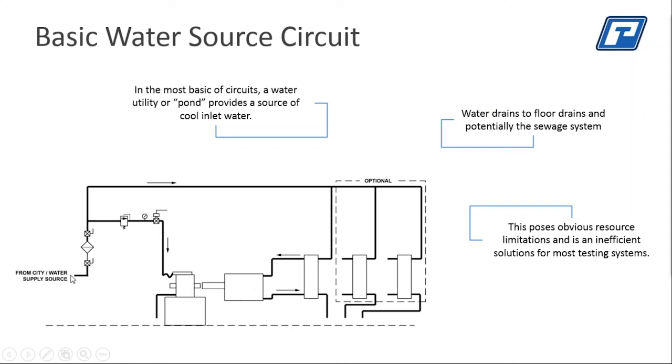The water is coming in from either a city source or it could be a pond, for example, if you've got a cooling pond, and that water is filtered, and a portion of it is flowing into the dyno, and meanwhile the other portion of the water is flowing over to the engine cooling accessory. That is going to be, for example, the water cooling column. It could be a charge air cooler, or it could be an after cooler cooling column.